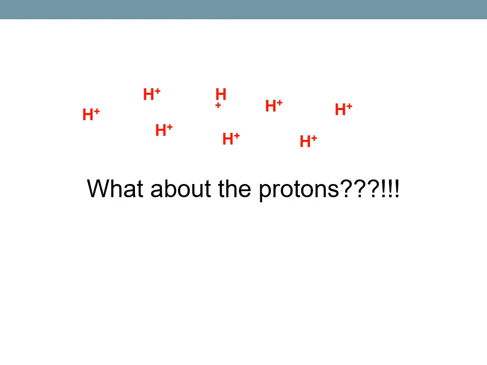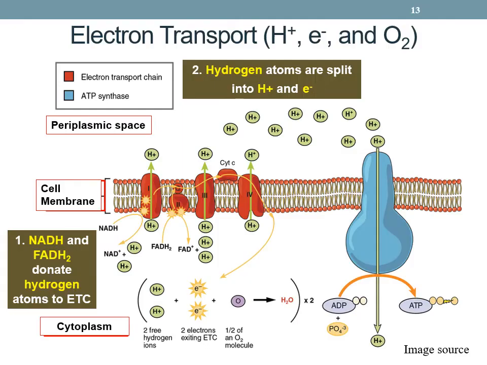When the NADH and the FADH2 donate those hydrogens to the electron transport chain, remember those hydrogens are split into protons and electrons. We've discussed what happens to the electrons, but now let's see what happens to the protons. When the hydrogen was donated, we can see here that it was split into an electron and a proton.